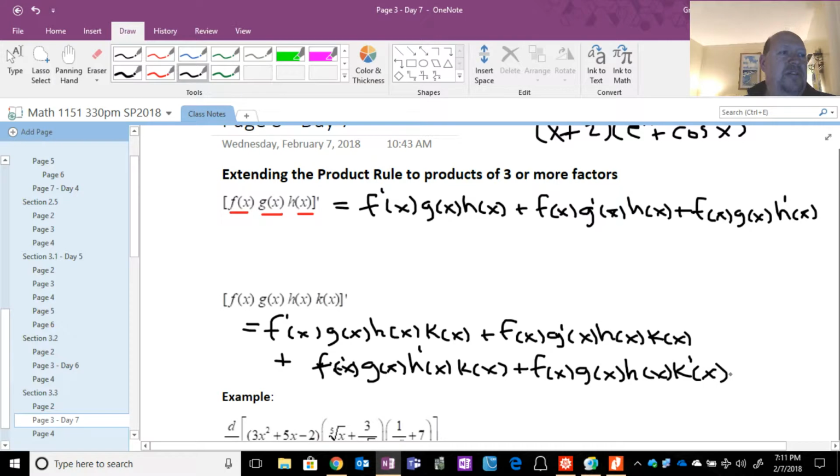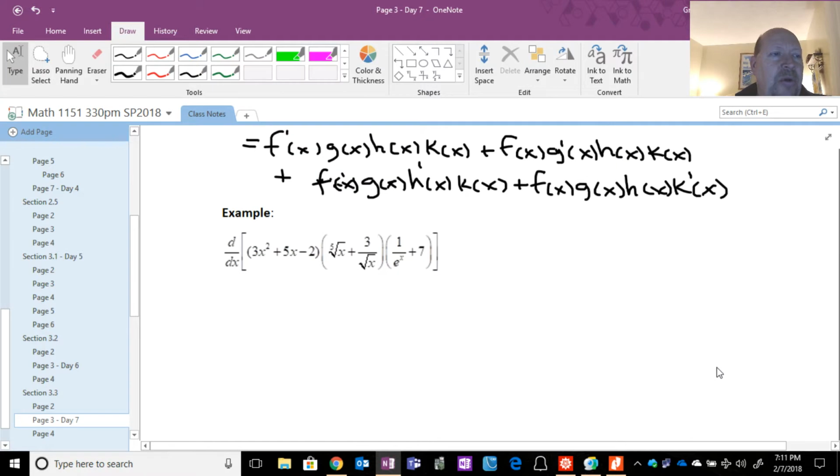So this just shows how you can expand or extend the use of the product rule when you have more than just two factors. An example of this, and we're not going to work the whole thing out, we're just going to set it up. In class I had people break down into groups and we worked on each part of this derivative.